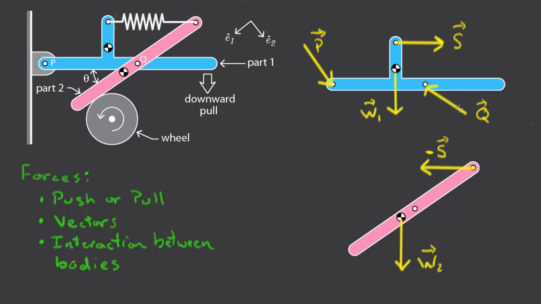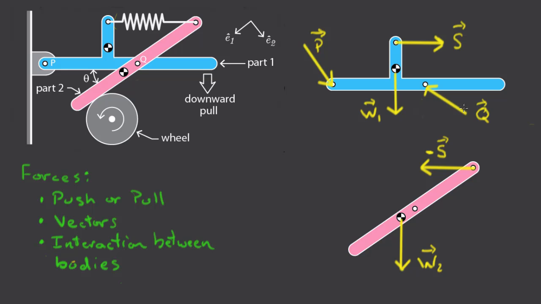So here we are at point Q, or pin Q, on part 1 that had a force going this way. I kind of like that picture. But remember, forces are interactions between bodies. So if I have a force on my free body diagram for part 1 coming from part 2, then I should have an equal and opposite force on part 2 coming from part 1, right? That's Newton's third law.